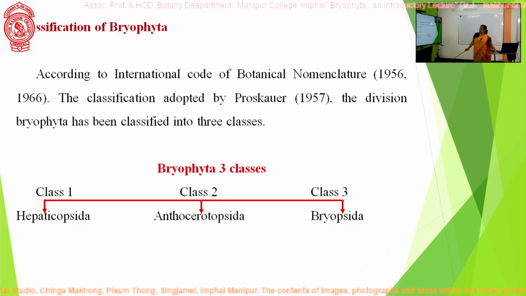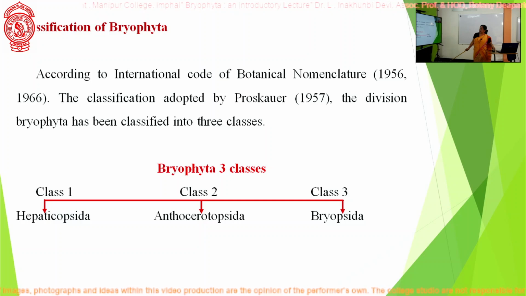The plant bodies are dorsiventrically differentiated, either thallus or with leaf-like appendages, folios, and either internally differentiated into various tissues or not, that is homogeneous or heterogeneous. Sex organs are situated on the dorsal surface of the plant body and are terminal in position, and sporophytes may be simple or with foot, seta and capsule, and sporogenous tissue derived from the endothecium of an embryo.